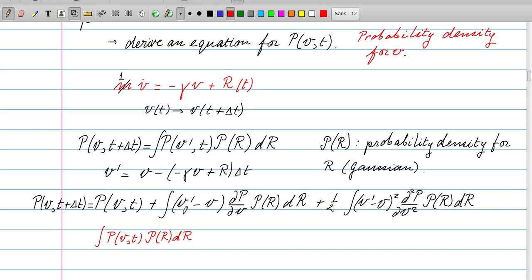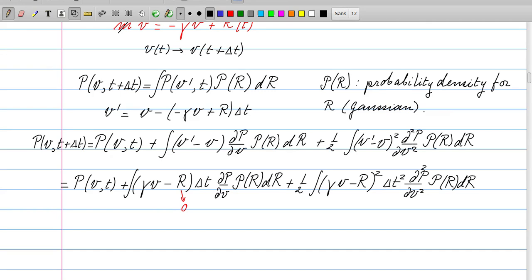Now the remaining two terms are the first and the second order Taylor expansion of p in v primed around the value v. Now from the evolution equation here I can immediately infer that v primed minus v is given as gamma v minus r. So I've plugged that in here. Now the derivative here is taken at v, so that does not depend on r.